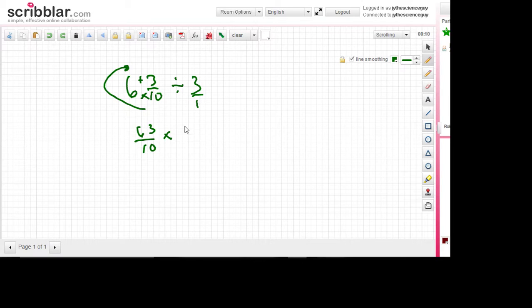if we're dividing, it'd be 1/3, right? So 3 would be 30. Look at those two numbers. Always check the diagonals to see if you can cancel.